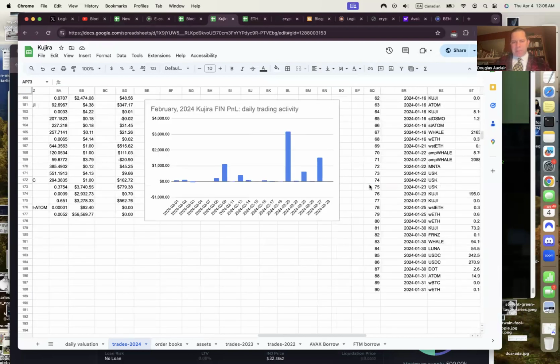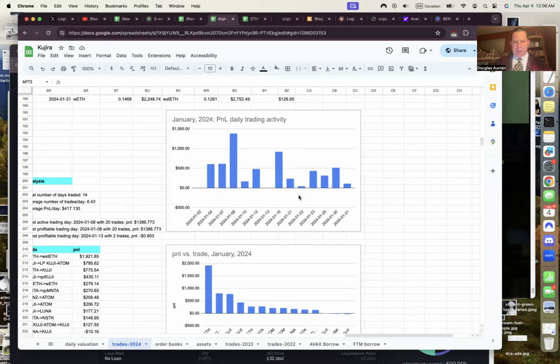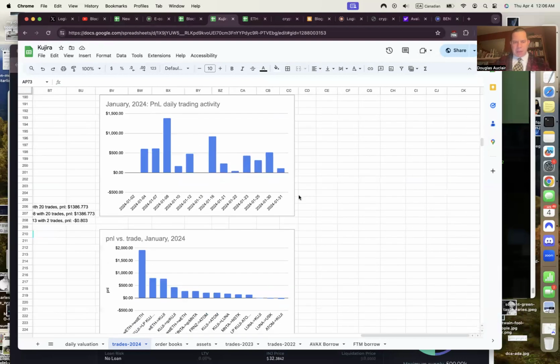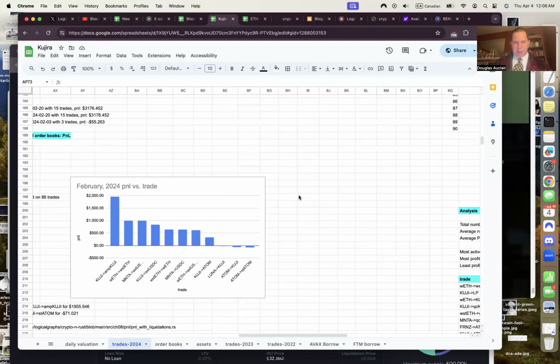In the previous month, I made quite a bit of money per trades. The previous month made good money per trades. Okay, so we have that chart.